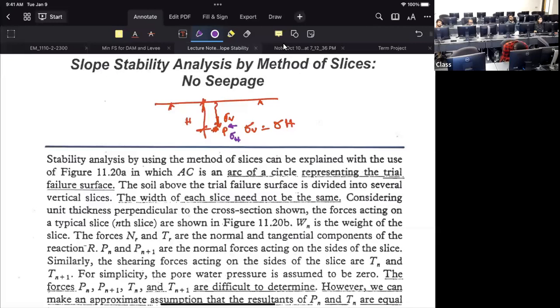Saturated condition. Okay, why saturated condition? Not saturated condition, but close to saturation. It is only valid where sigma V equals sigma H when you don't have soil but some other material. What is that? Water, right?